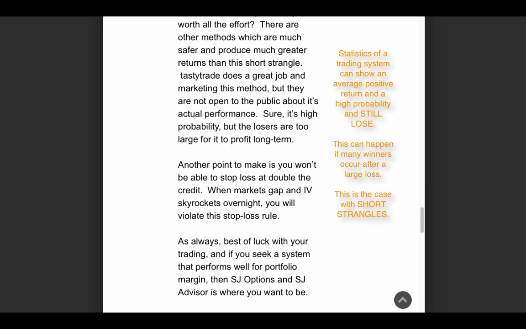And Tastytrade might show some reports and say, look, the average trade is 4% per month, and the probability is 80 or 90%, and show all these statistics. But once you throw them into real life and you go through the trading and you go through the adjustments, and your account net liquidation drops, it doesn't do you any good to make all those trades when you previously have lost all that money.